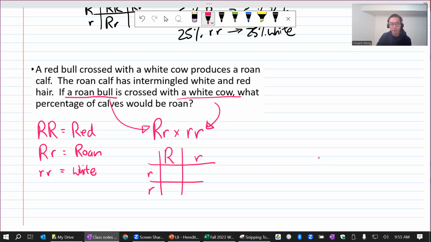You should be quite familiar with these type of tables now. So what percent of the calves would be roan? You would expect half of them to be roan. Okay.